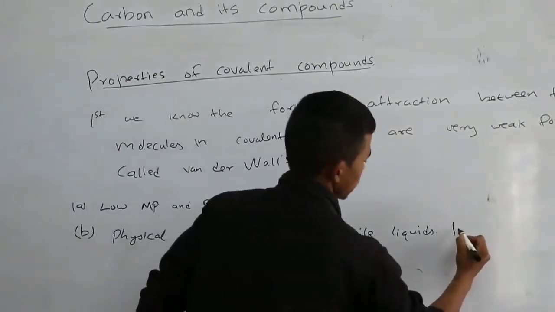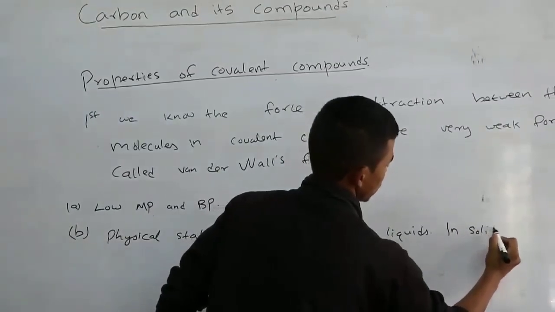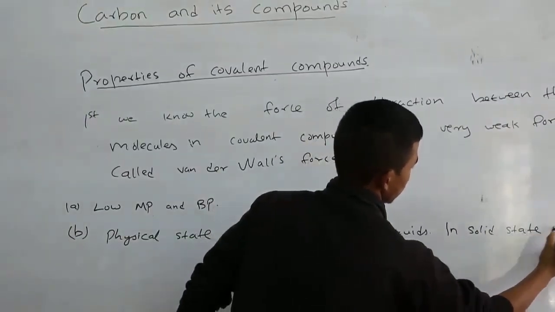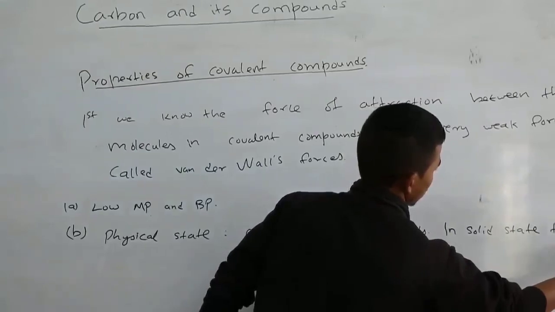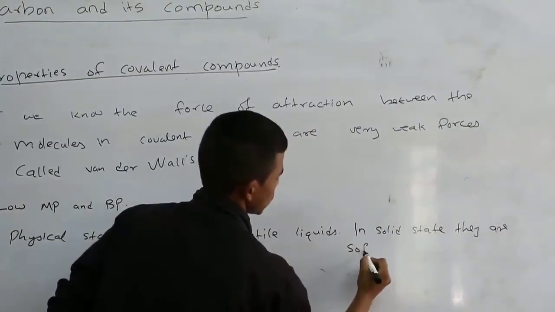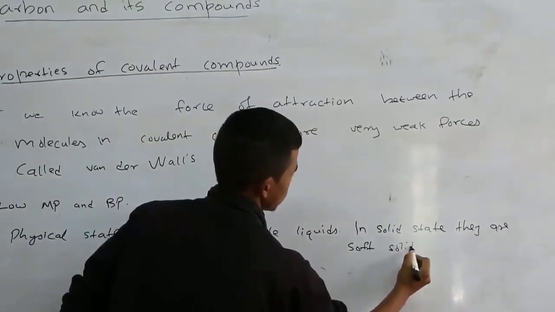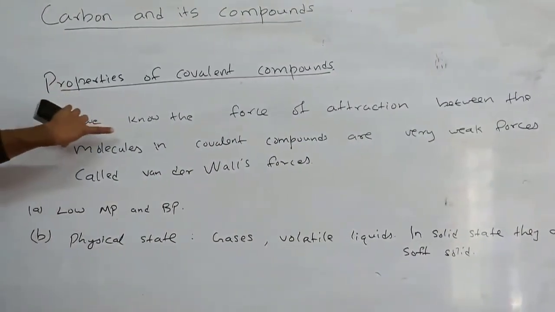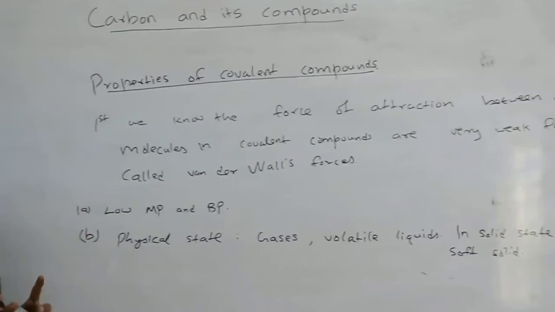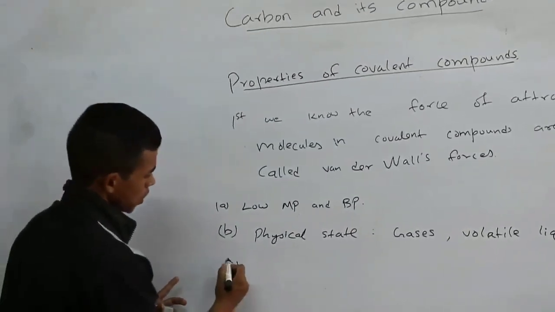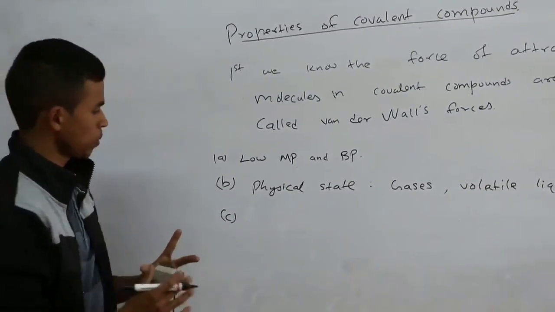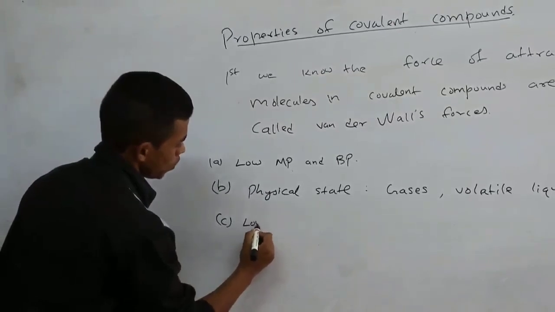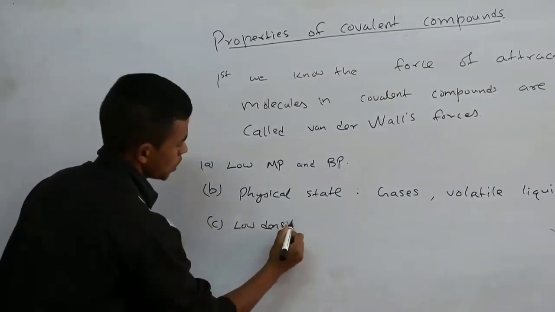So in solid, they are soft solid. And again, because the forces that bind these molecules are very weak, they are not compact. So that's why they have low density.